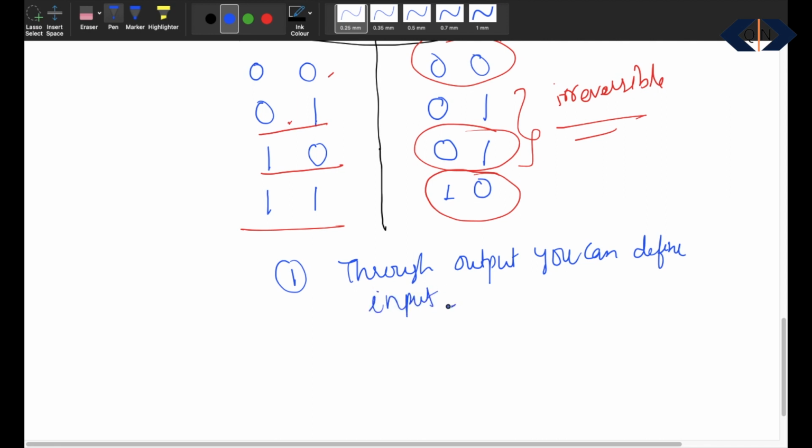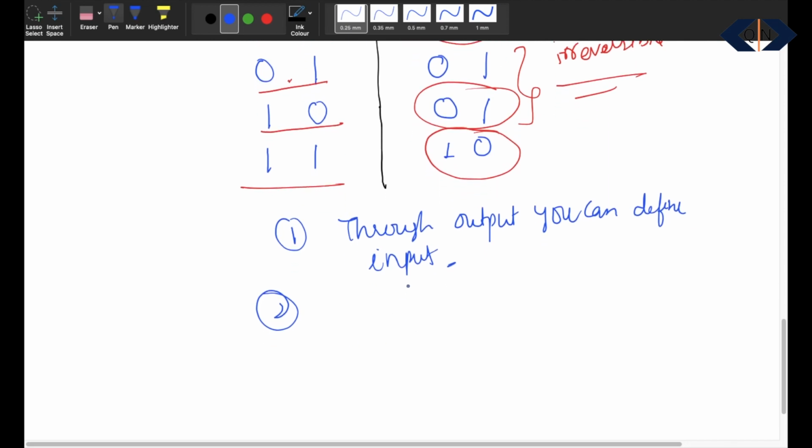This is a major condition. Second, this is a sub-condition type thing: the input state should be equivalent to the output state. So this is the first thing it should be satisfying.